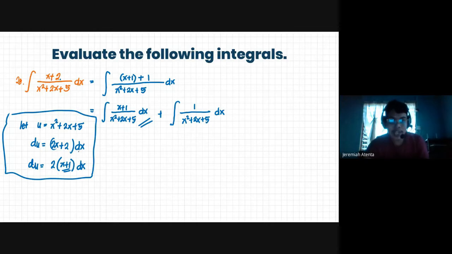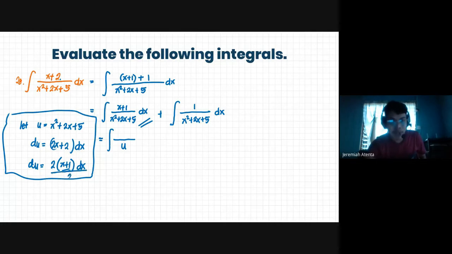But first, for this one, if we let u be equal to x squared plus 2x plus 5, therefore, this will become the integral of, okay? So, this is over u. Ayan, right? And take note, we have x plus 1 dx here. And we have 2 times x plus 1 dx.